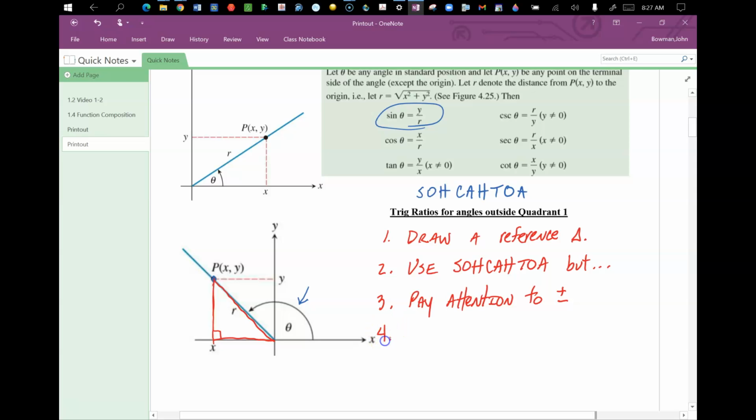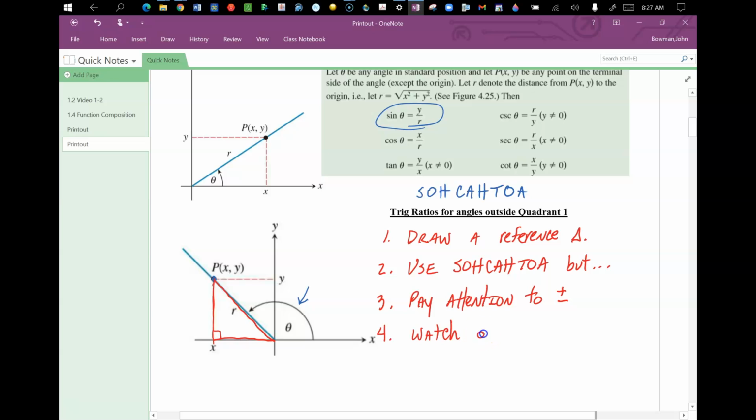And then lastly, there are times where you are going to be asked to find the sine, cosine, tangent, or the reciprocal functions for multiples of 90 or pi over 2. Those you have to watch out for.